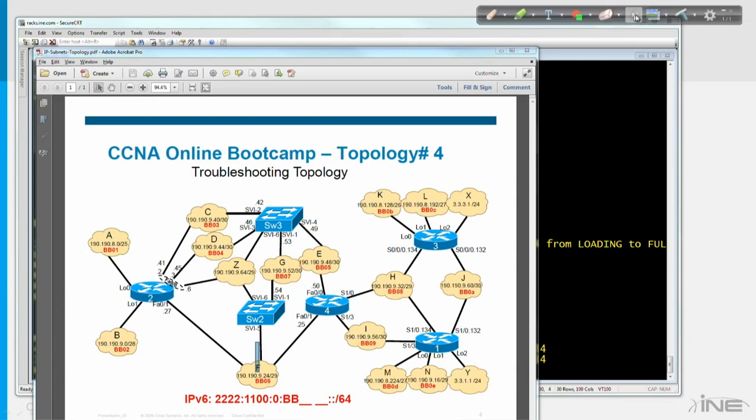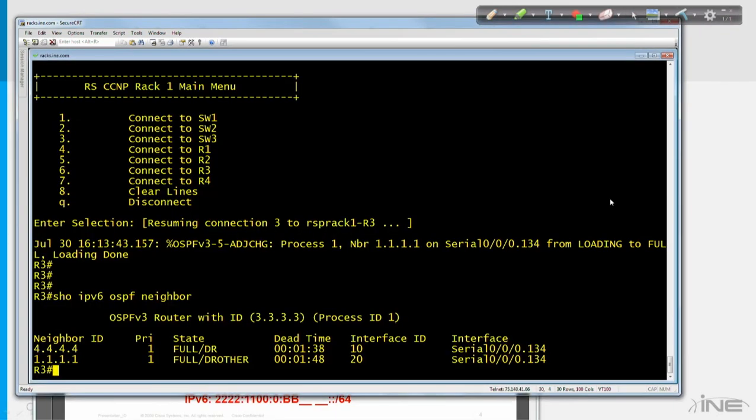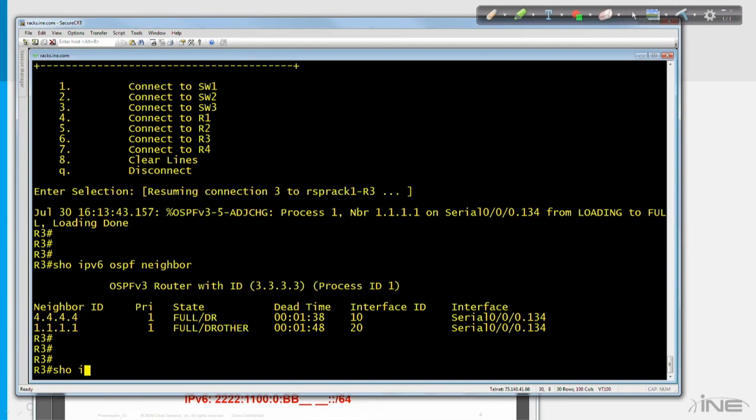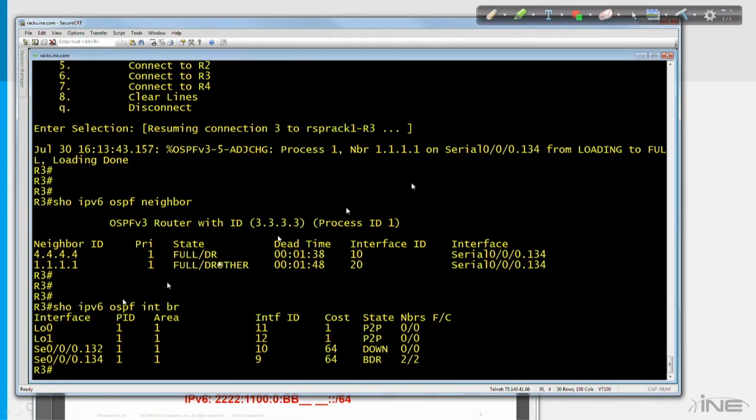So let's see if we can figure out what's going on there. So router 3, show IPv6 OSPF interface brief. Okay, he is configured to run OSPF across that interface, so that's good. It is in area 1. All right.